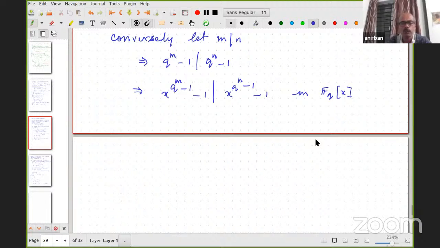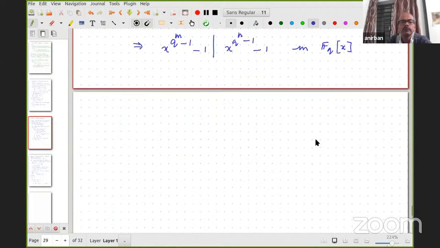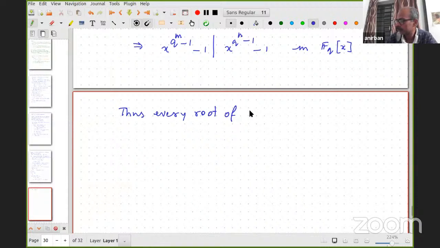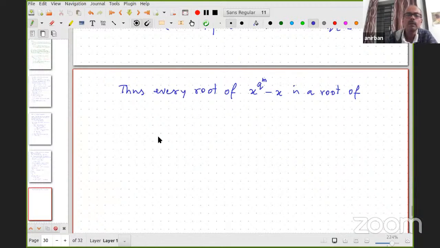This is just expansions of polynomials, so that's easy to see. With this in mind, since this polynomial divides this, every root of x to the q to the m minus x is a root of the other polynomial.